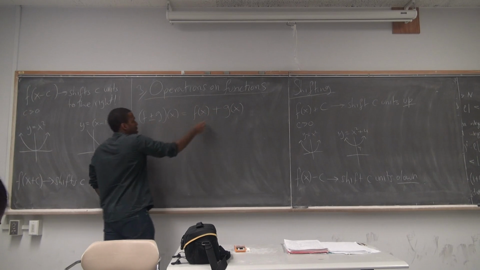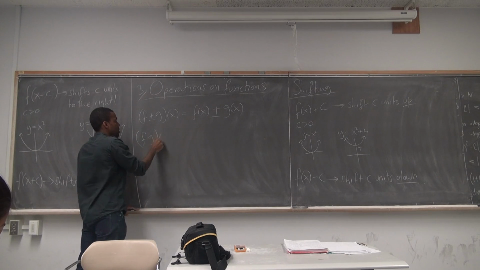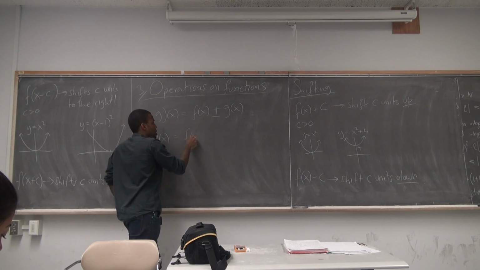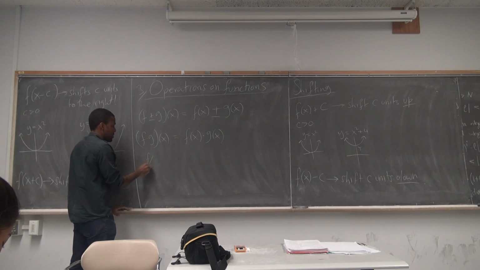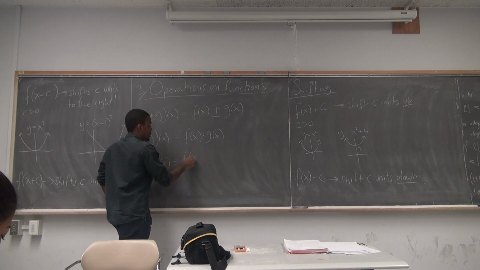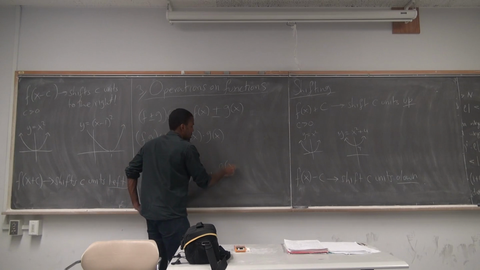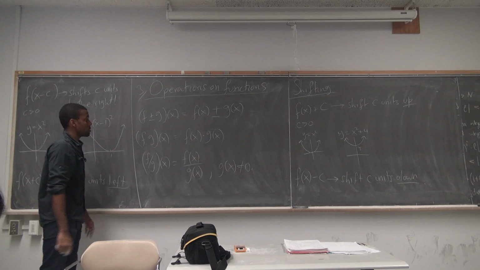And so I can do a plus or minus, and I add or subtract the functions. fg of x. Notice that there's no circle in the middle. That just means simply multiply the functions. I can have f slash g of x. This means divide the functions. And notice that works where g of x is non-zero. You can't divide by 0.